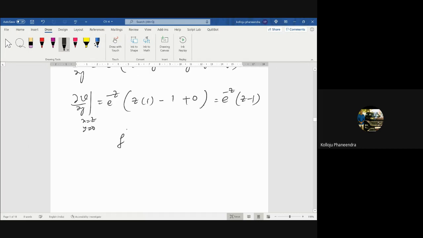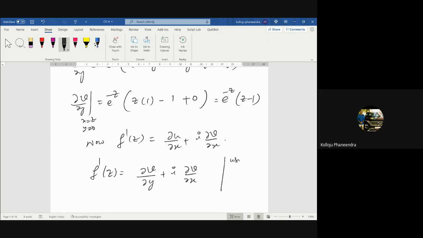Now f'(z) equal to what? f'(z) equals ∂u/∂x plus i ∂v/∂x. I know which function? v. So I have to replace ∂u/∂x. Using Cauchy-Riemann equations, ∂u/∂x is nothing but ∂v/∂y. Using the CR equation, ∂u/∂x equals ∂v/∂y.